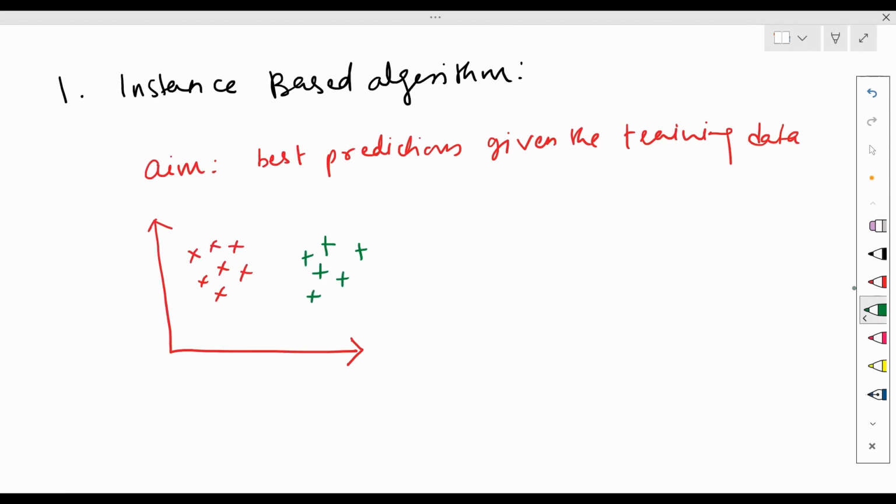There could be some outliers also, if it is here like that. For a new data point, say the circle, we will look around and see how the neighbors are behaving. So this can be categorized with these two red crosses. So we can mark this new data point also as a red cross. That's how instance-based algorithms work.